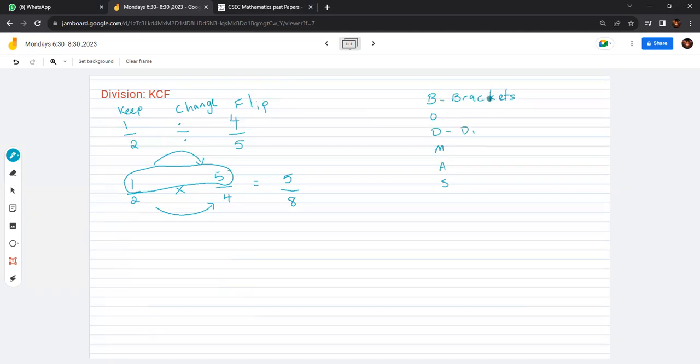Of, D division, M multiplication, then addition, and then your subtraction. So it's going to be a blend of all of these.